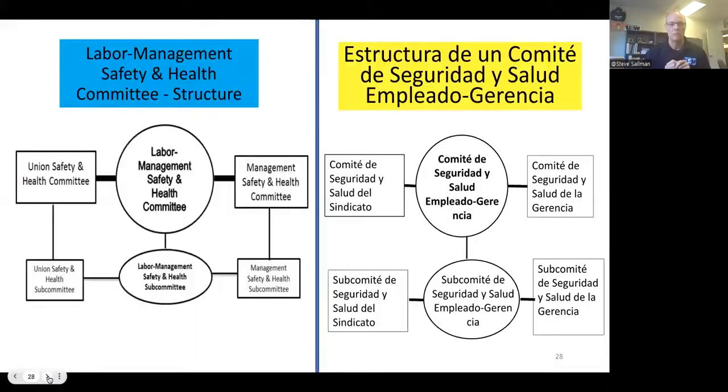You will see the top row of a labor management health and safety committee, and then the bottom row, a subcommittee in the center, that may be a departmental committee. It might be something that deals specifically with ergonomics.